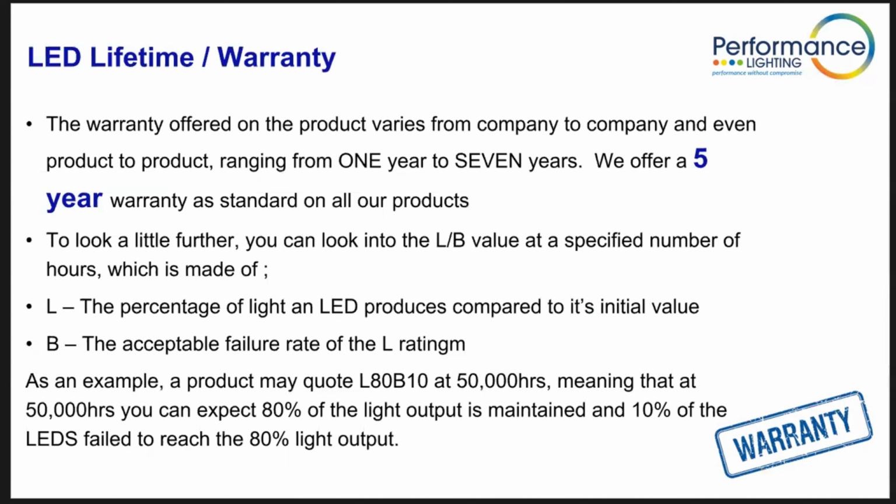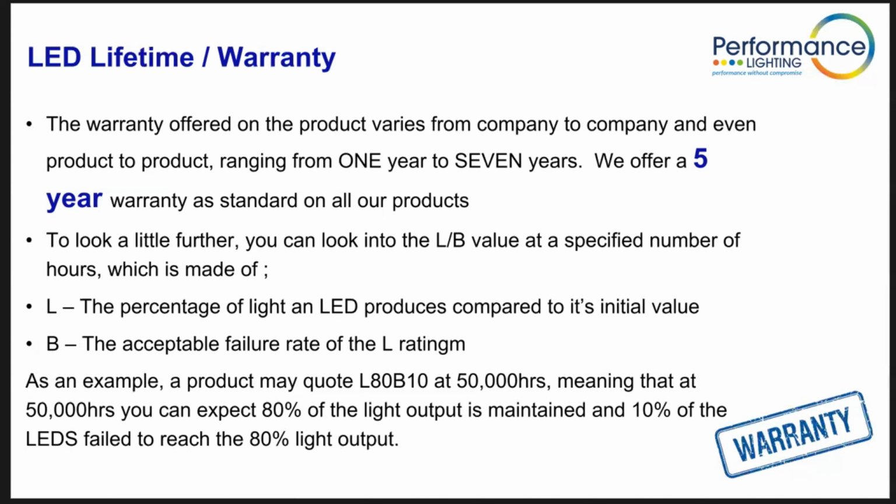So in an ideal world, the very best, and this is not achievable, would be L100, so 100% of the light output compared to its initial hours, and B0, zero failure rate of the L rating. But ideally, you need to strike a compromise, because obviously the higher the L and B rating, the better performing, the better quality the LED.